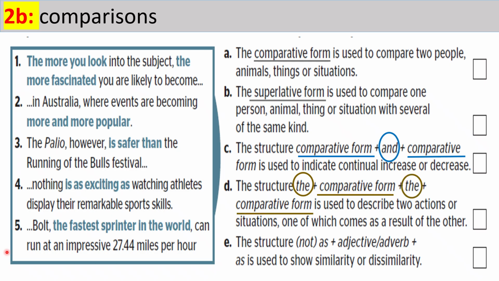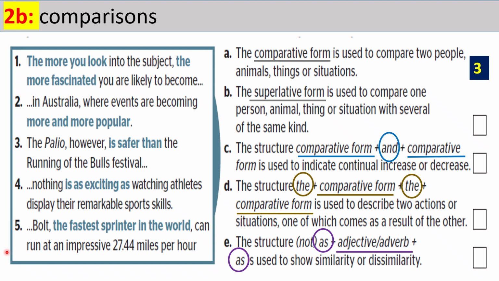Then the structure the plus comparative form plus the plus comparative form is used to describe two actions or situations, one of which comes as a result of the other. And finally, the structure not as plus adjective or adverb plus as is used to show similarity or dissimilarity if you are using a not.